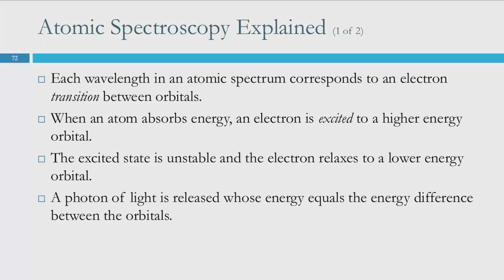So we had looked at atomic spectroscopy before, and we're going to be doing some of that today. That was where you throw a bunch of energy at an element, and it gets excited, and it produces light.